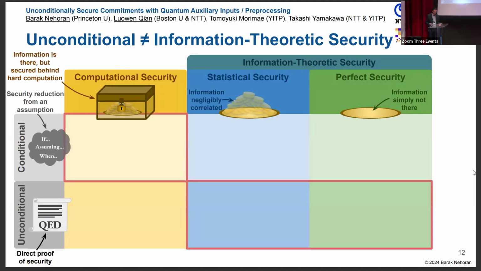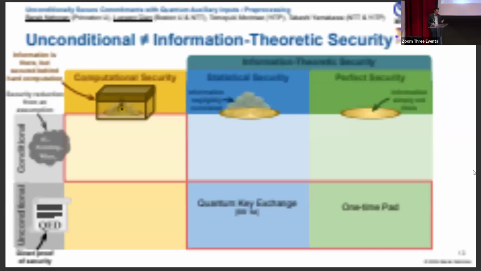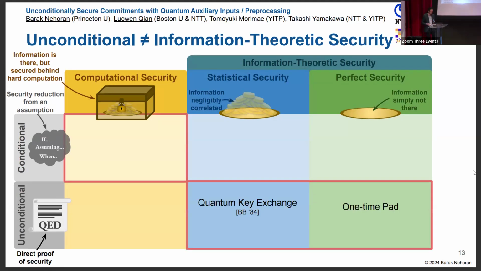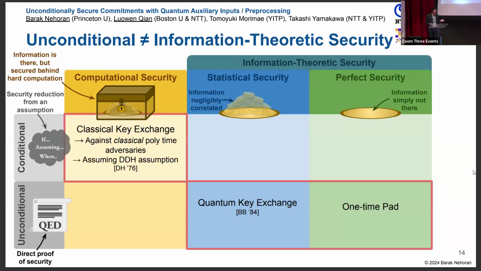And nearly all security proofs fall along the diagonal of this table, either an unconditional proof of information theoretic security or a conditional proof of computational security, where we choose a specific adversary and show the security reduction to a hard problem. And this is why the term unconditional security is so often confused with information theoretic security.